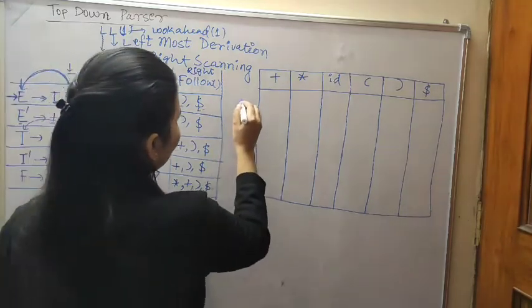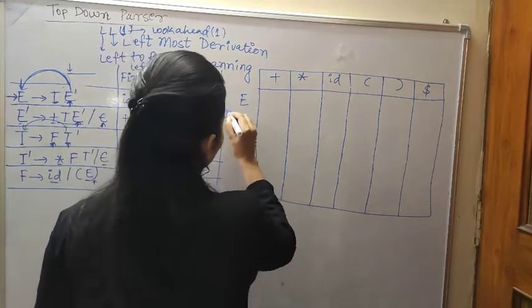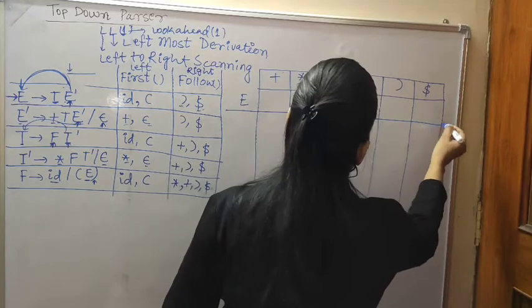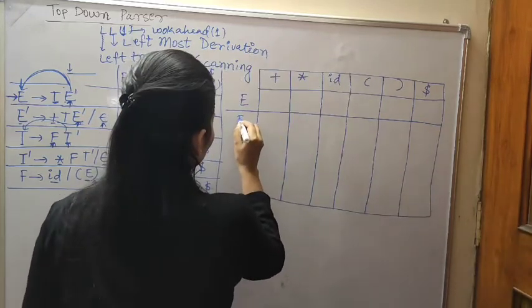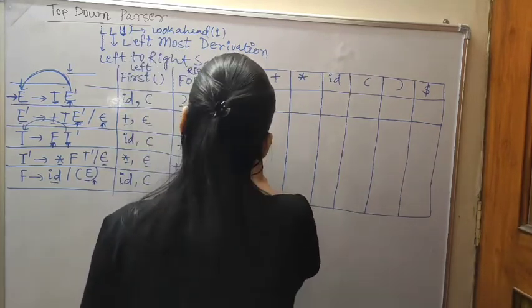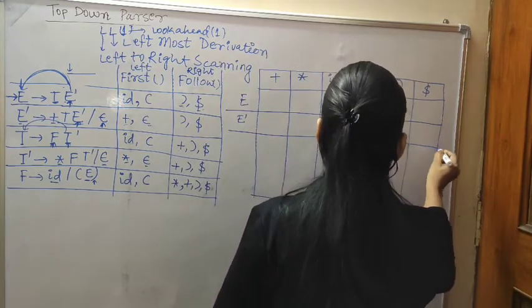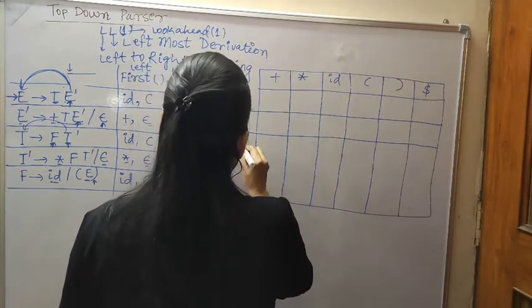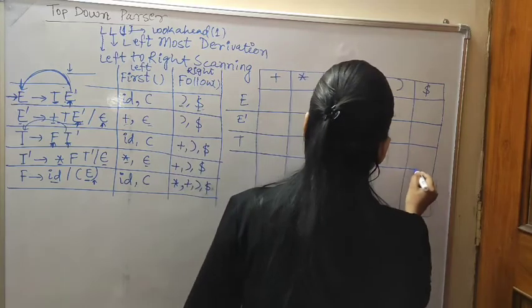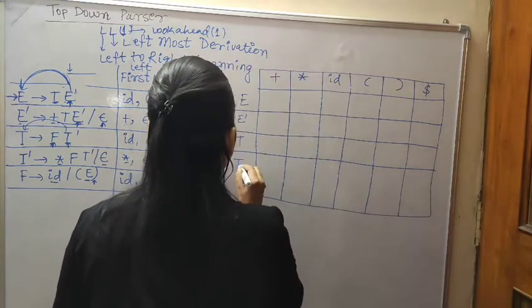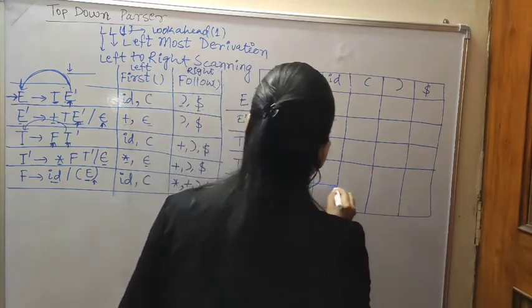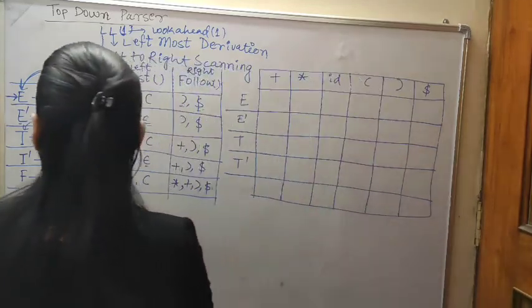In the first row will come E, then E dash, T, T dash, then F.